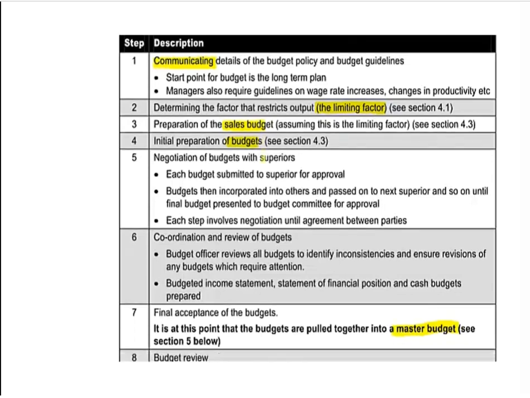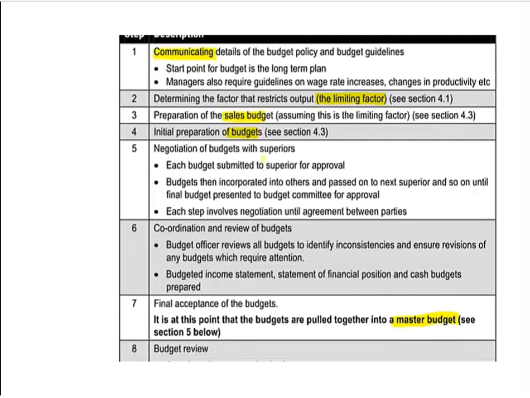Once budgets then have been prepared, they'll need to be negotiated with stakeholders within the organisation. So first of all then, the superiors will need to approve them until we've reached the point at which the budget committee has approved the overall budgets for the organisation.